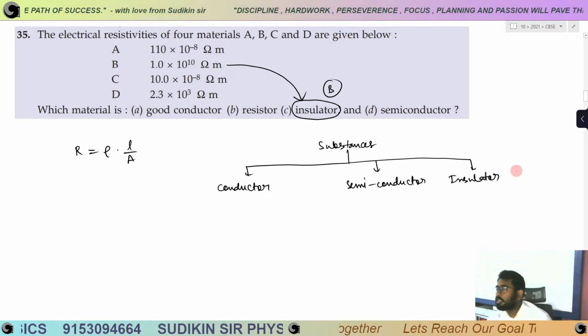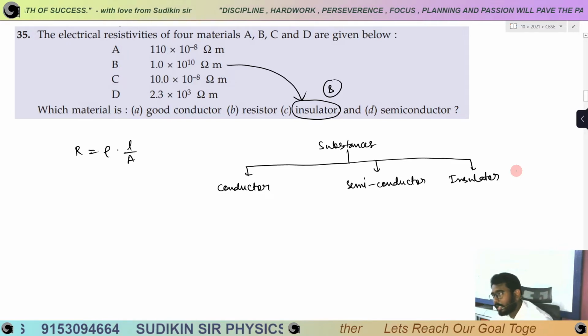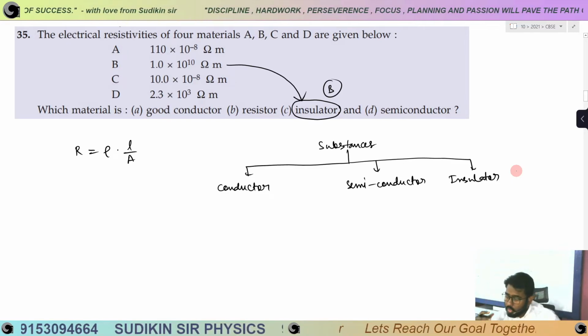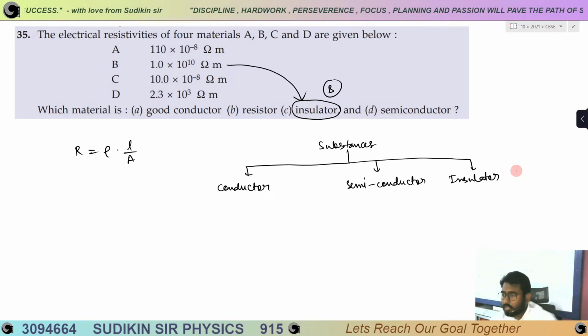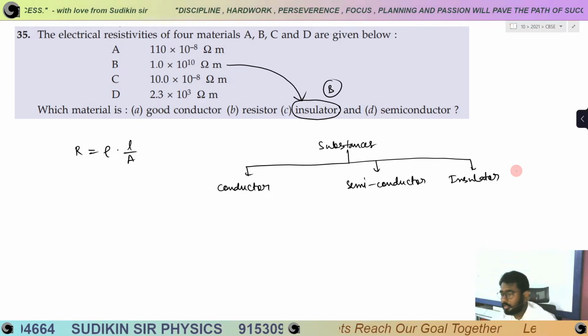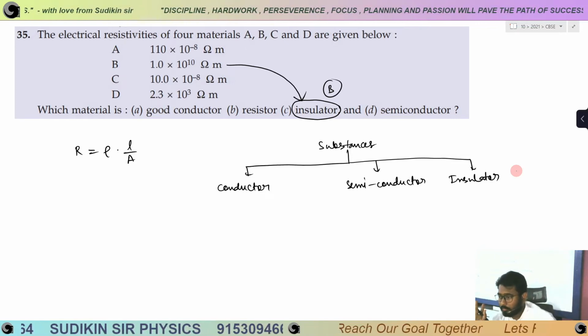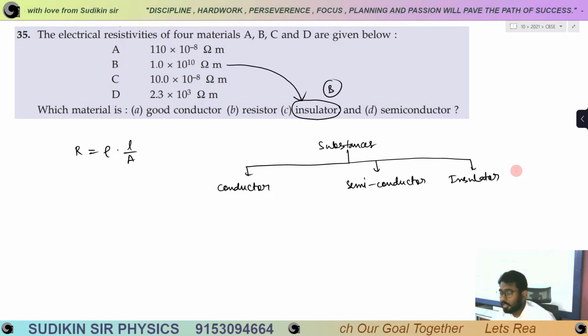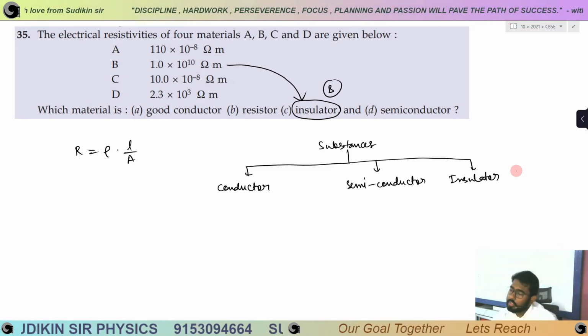So if tungsten is a resistor, then it is allowing current to pass, which means it is compulsory that it is a conductor. It can be a type of conductor which will allow less current to pass, but it is allowing current to pass.